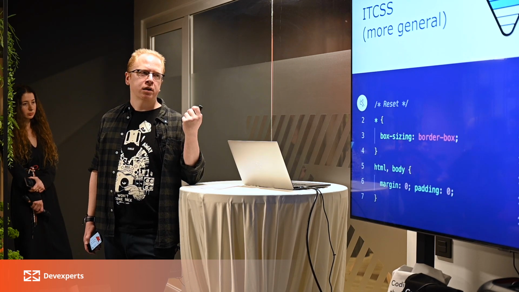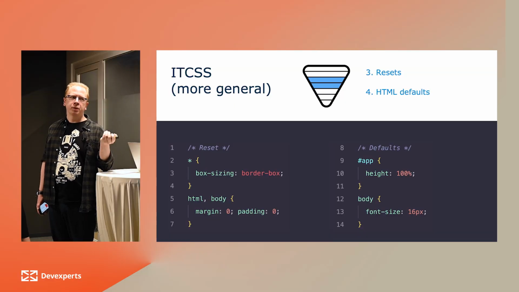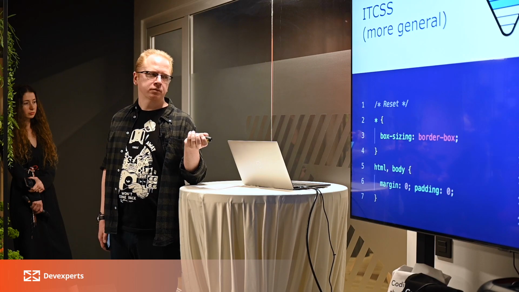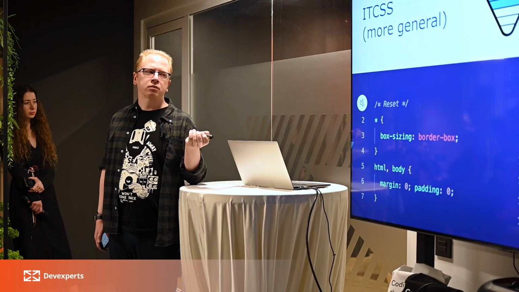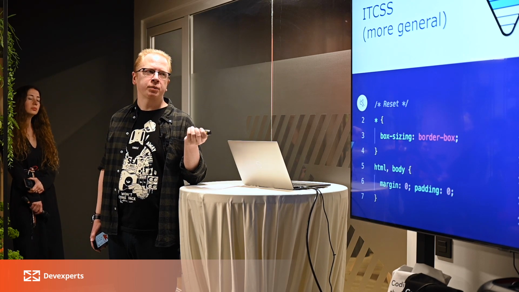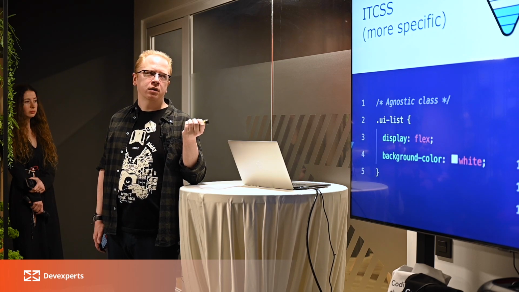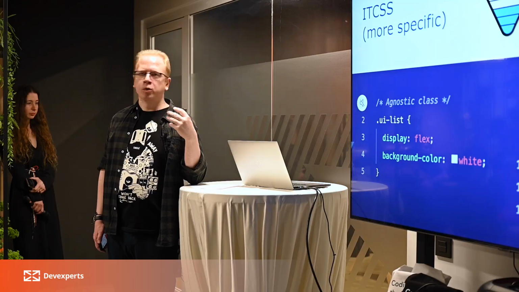The next layers are CSS resets and HTML defaults. This is generally the stuff that also comes out of the box with most of the solutions, this step and the previous one. And the last 3 layers are more class-oriented.